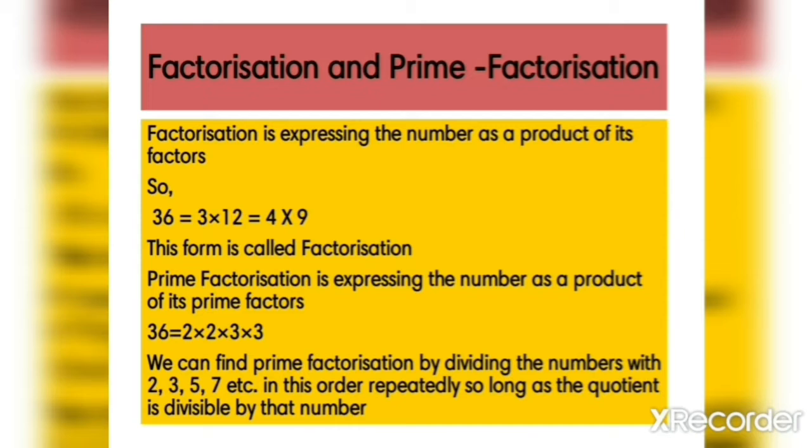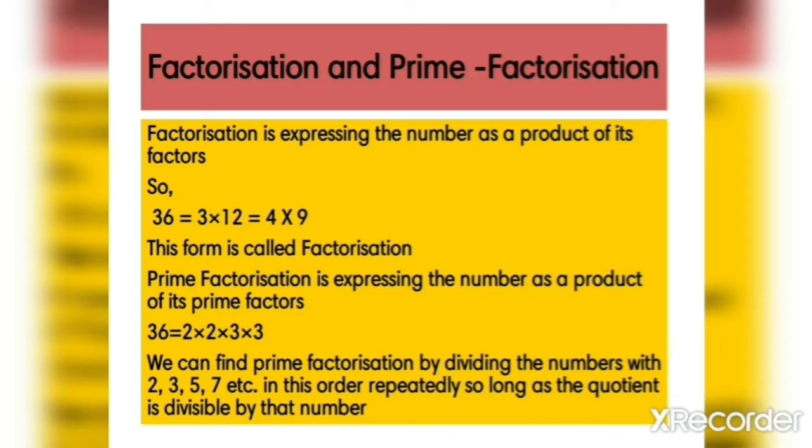You can find prime factorization through a factor tree. We can find prime factorization by dividing the number with 2, 3, 5, 7, etc. in this order repeatedly so long as the quotient is divisible by that number.